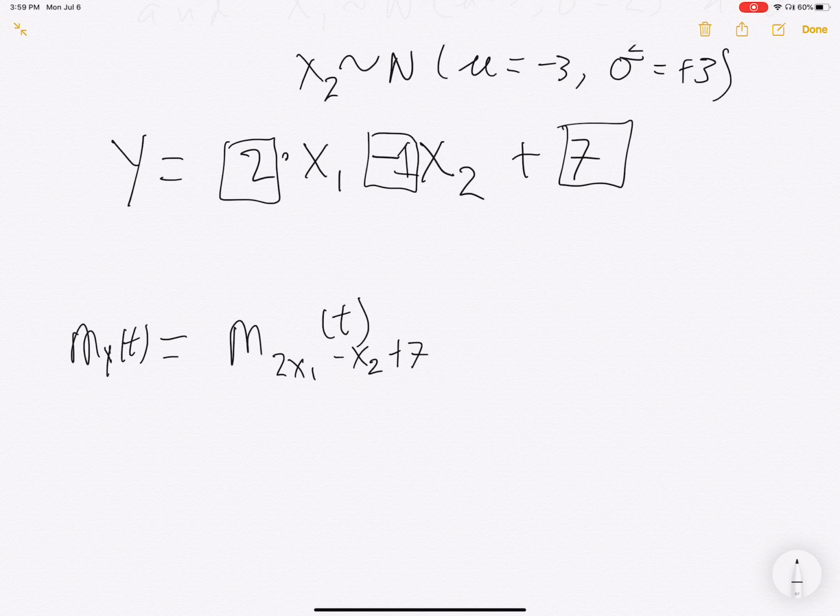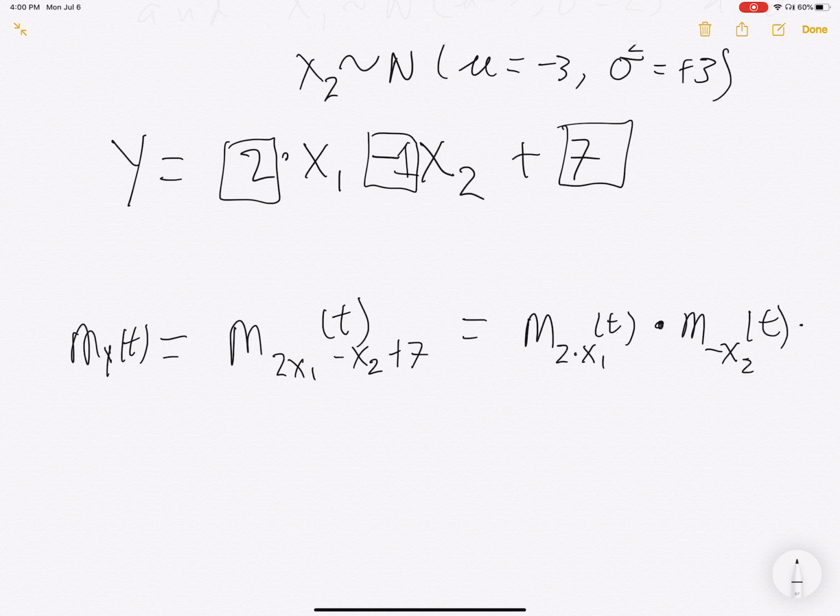Now the moment generating function says that I can break these up. So this is going to be the moment generating function of 2 times X1 of t times the moment generating function of minus X2 of t.